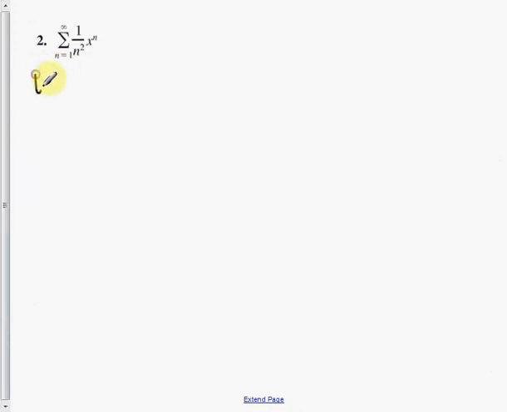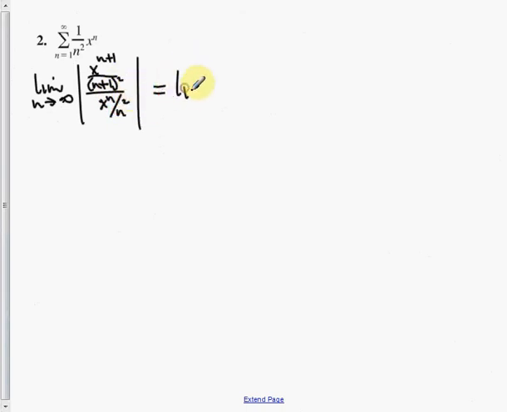Apply the ratio test. This is the limit as n goes to infinity of the absolute value of x to the n plus 1 over (n plus 1) squared, divided by x to the n over n squared. This is the limit as n goes to infinity of the absolute value of x to the n times x, since x to the n plus 1 is x to the n times x.